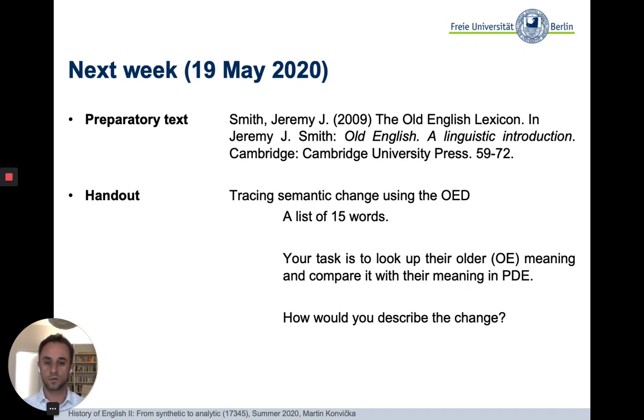And in order for you to be able to participate in this discussion, please have a look at a preparatory text on the Old English Lexicon, and then have a look at the handout where you will have a list of 15 words, and your task is to do basically the same thing as I did right now for adder, and to describe the changes that happen between Old English and present-day English to the meaning of those words.